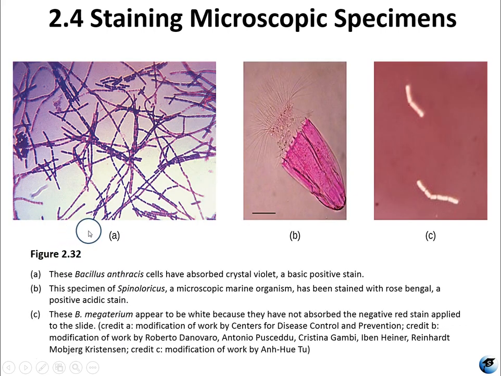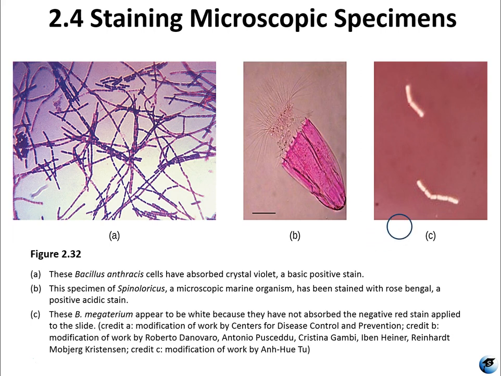This is figure 2.32. This is an example of a simple stain of Bacillus anthracis, the agent that causes anthrax. And this has been stained with what is known as a basic dye, crystal violet. Basic dyes stain the cells themselves, okay? And that's a simple stain. Simple stain uses a basic dye to stain the cells.